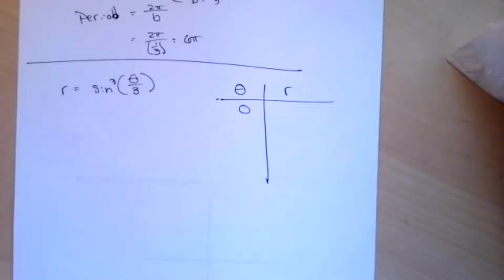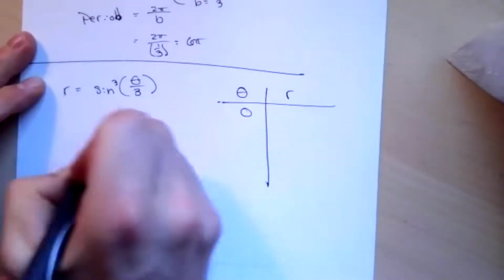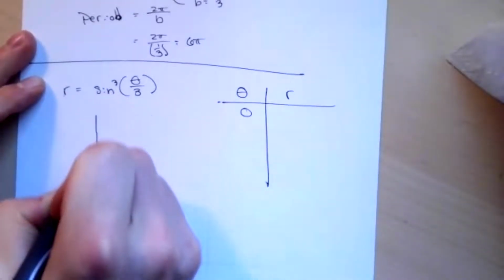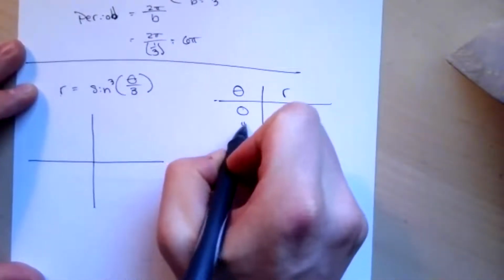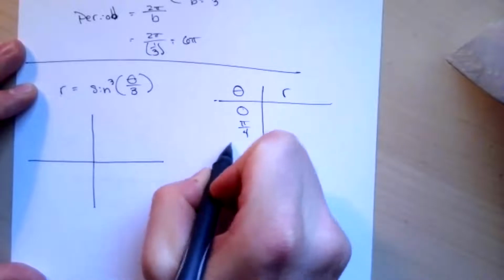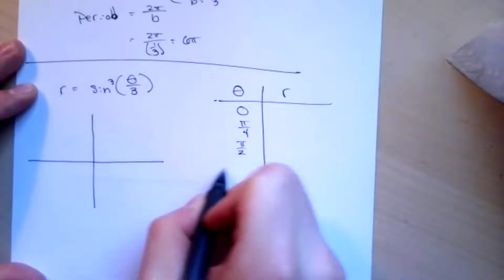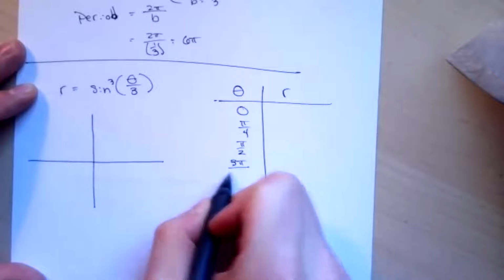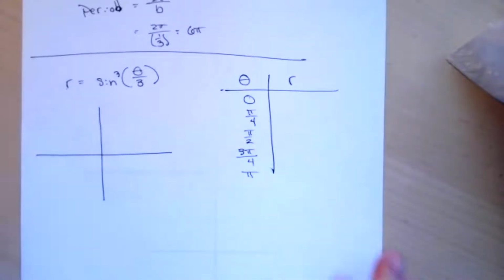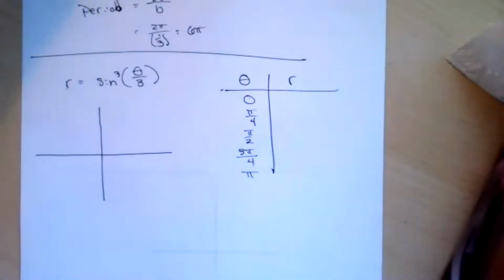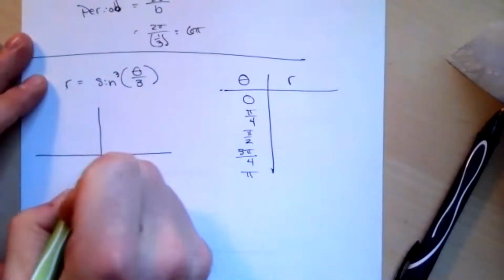So pi over 4 may not be the best. Let's take a look and see what happens. So almost universally, I like to start with these values when I graph it, just because the theta is always going to be determining the angle.